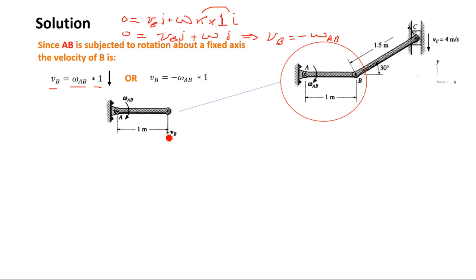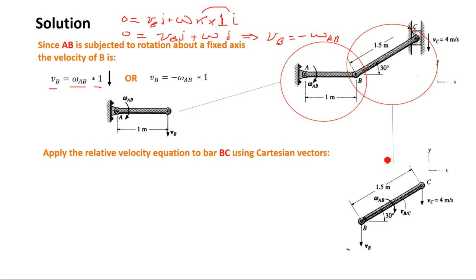Now, after we know what the velocity B is, we can take it to the other link and write another relative velocity equation for that link. We know VB is minus omega AB j, because it goes downward in the y direction. VC is negative 4j, and this omega is omega BC, not AB, multiplied by the two components of the link BC, the x and the y.